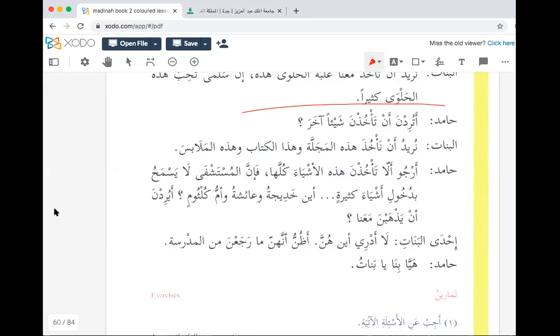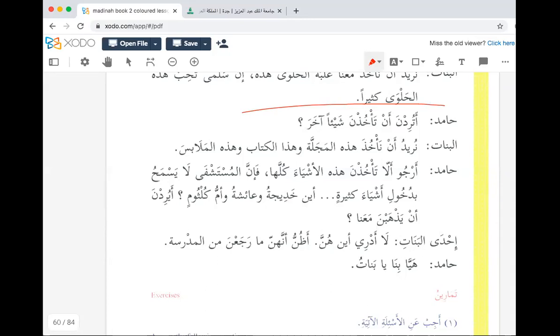If you didn't read last time, then that's preferred, bi'idhnillahi ta'ala, to have someone who didn't read rather than the brothers that already read. Okay, so we need 2 readers from those who didn't read.